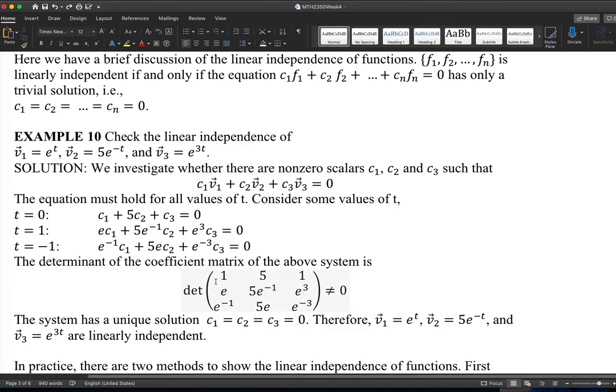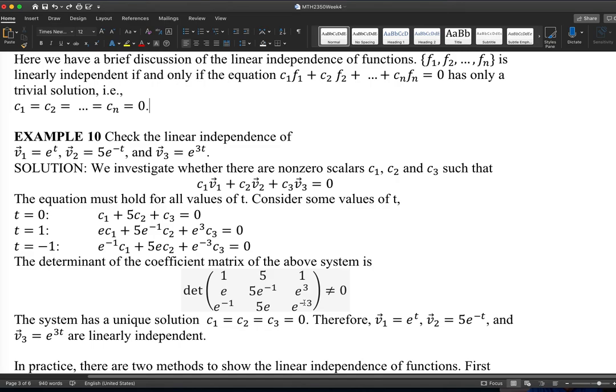So I wrote out a determinant here, and you may want to give a try to calculate the determinant. My calculation tells me the determinant cannot be 0 at all, not close to 0, which really means the coefficient matrix is invertible.